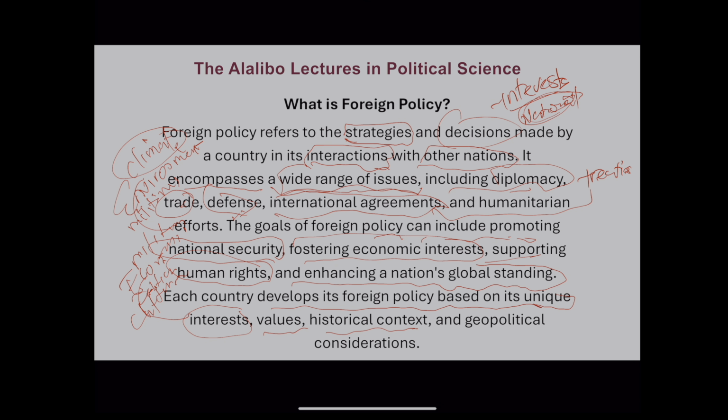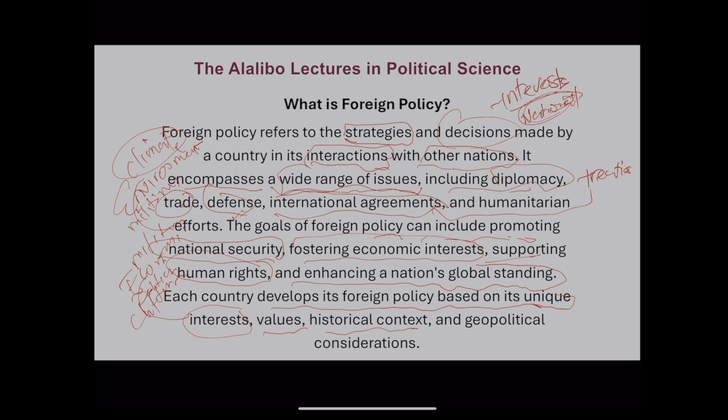So foreign policies are based on a country's internal elements, such as values and interests and history, and geopolitical considerations. So Japan, for example, has this history that, because of the Second World War and its involvement, it's not going to have nuclear weapons. In Germany, the same thing.